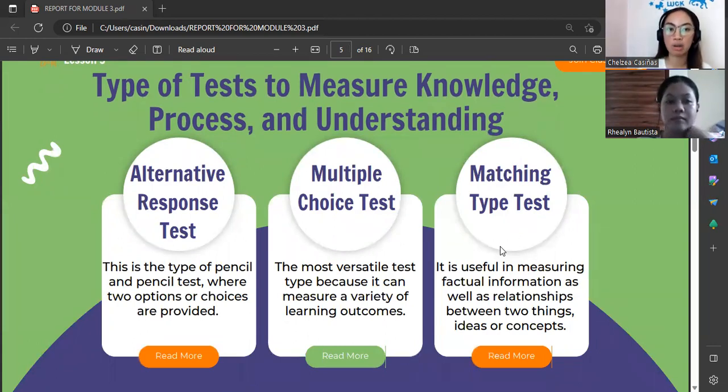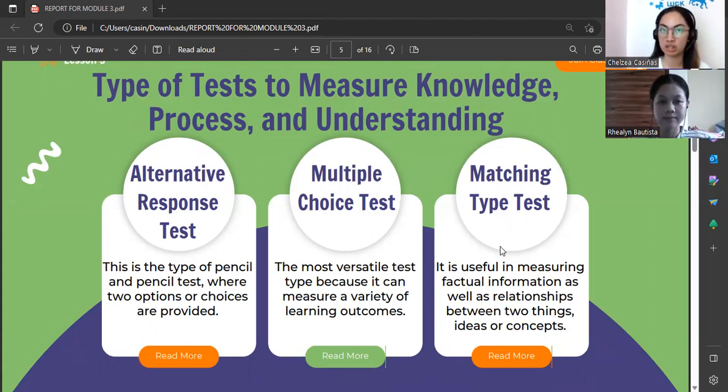And ito yung tinatawag na alternative kasi may pagkakataon na sabi dito, the test taker is presented with a problem or question and must provide a response that is both correct and appropriate. So however, minsan mahirap siyang tsekan kasi nga meron siyang alternative response and the teacher should assess correctly and accurately para malaman kung tama ba yung pagkakaintindi ng bata dun sa lesson.